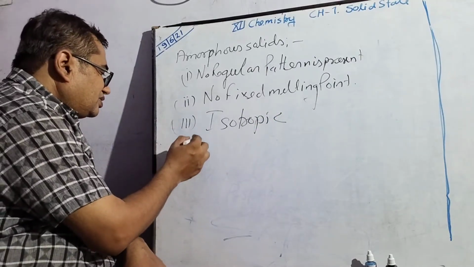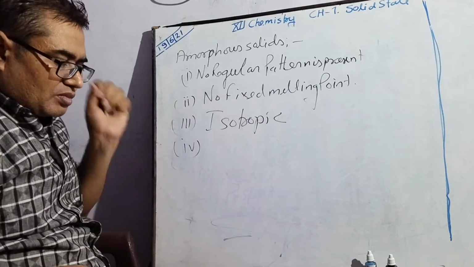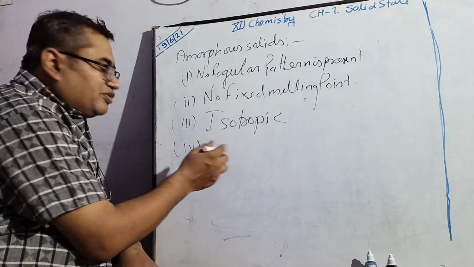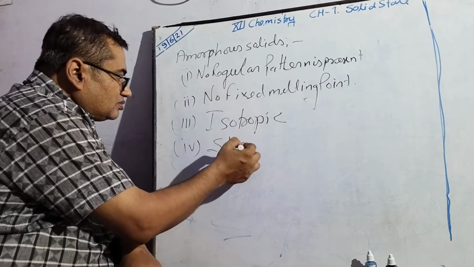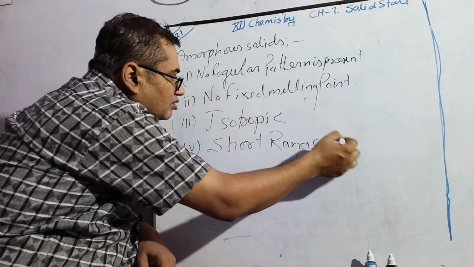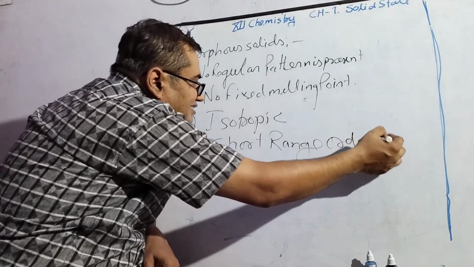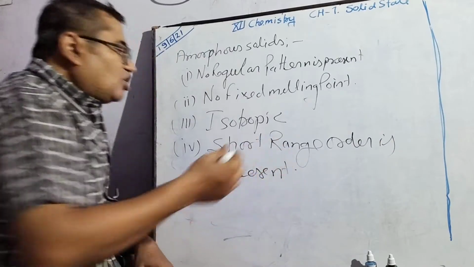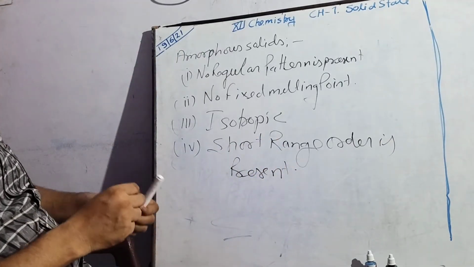Fourth thing: in amorphous solids, short range order is present. Short range order is present in amorphous solids.